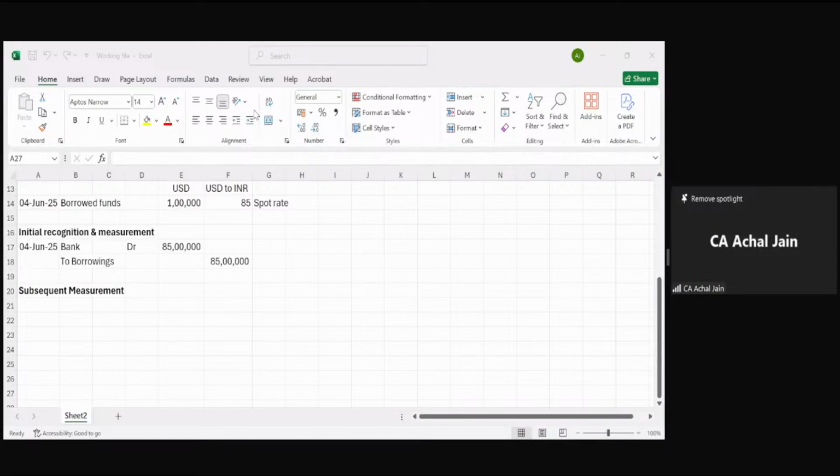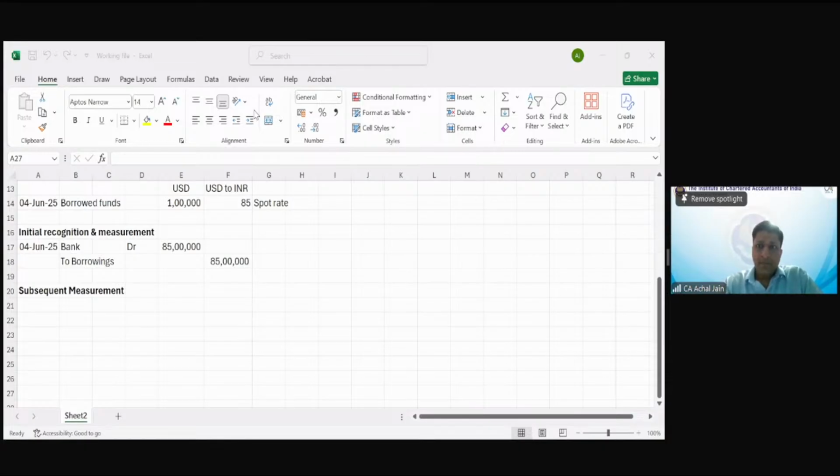So you are not reviewing this, but you are actually remeasuring this. Means you will measure this again. Okay, so now in this case, what is the requirement? Standard says, now please understand this very carefully. Very, very important. And very simple also.